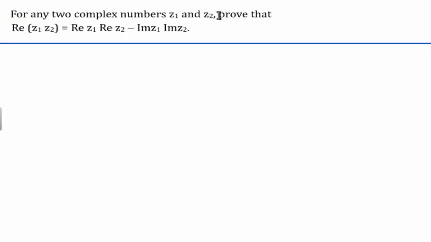In this question, we need to prove that real part of z1 z2 is equal to real part of z1 multiplied by real part of z2 minus imaginary part of z1 multiplied by imaginary part of z2 for any two complex numbers z1 and z2. Let us begin with the solution.